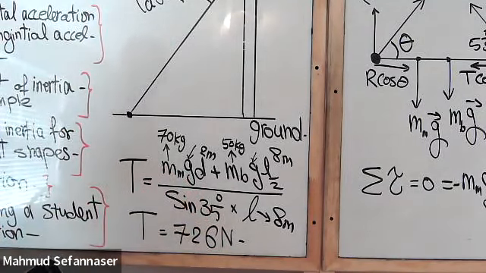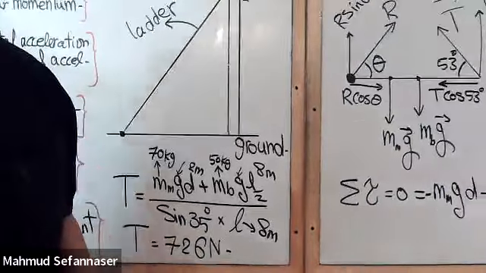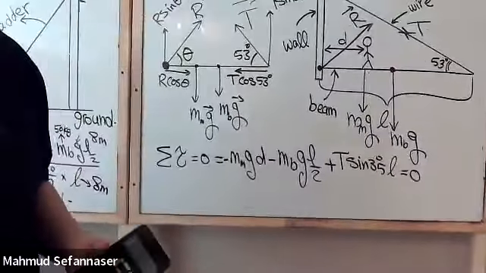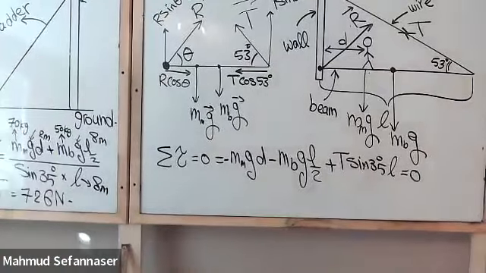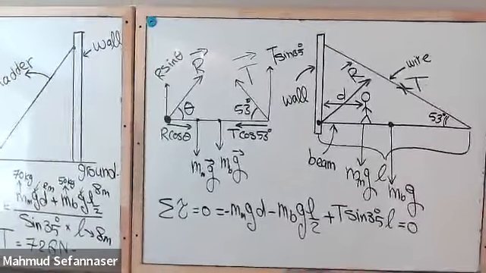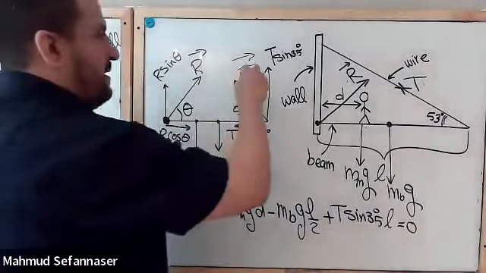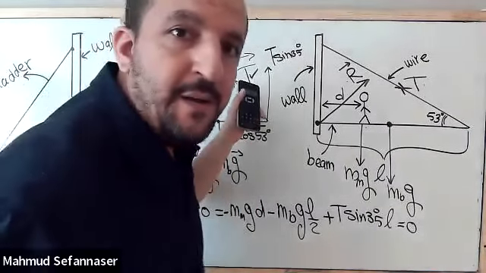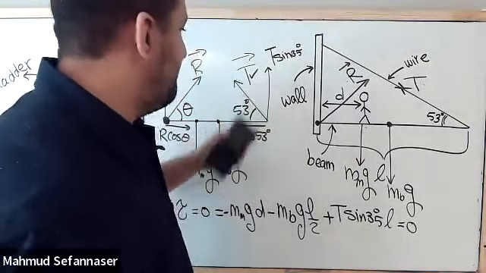And if we go back again to the problem, and go a little bit up, you can see, guys, that the tension force that we have right here was found. We have 726 Newtons for the tension force.